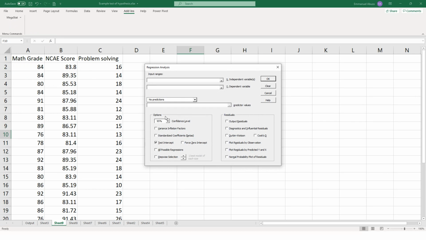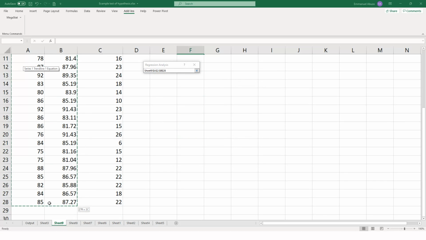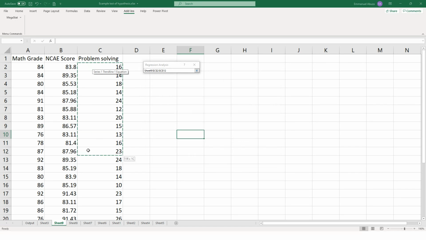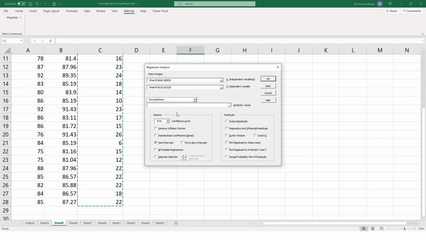We are going to highlight our independent variables, which are the mathematics grades and the NCAE score. And then for our dependent variable, we choose problem solving. Okay, and then we click OK.